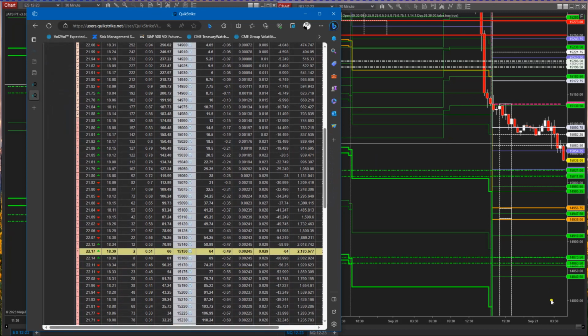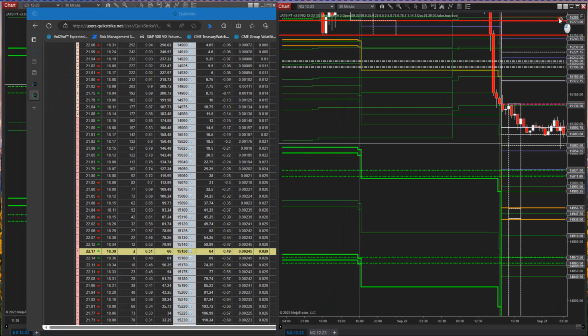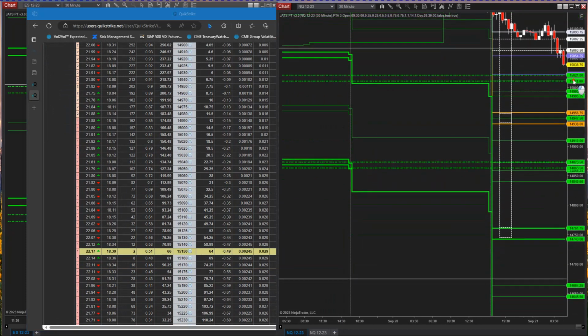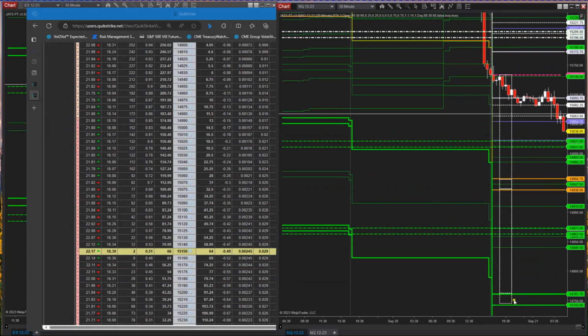I have that marked on my pricing sheet. Way down here. Here's your equidistant move. I think the daily 3 offers a bit of support. 14,947 is the middle. 956 through 938.